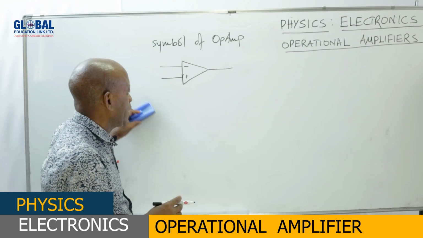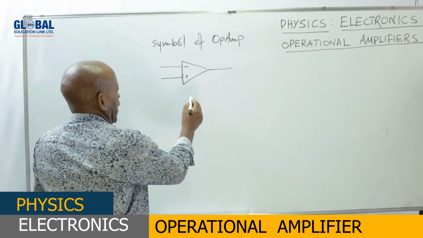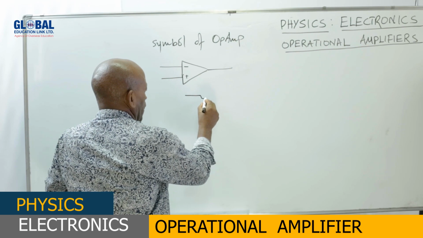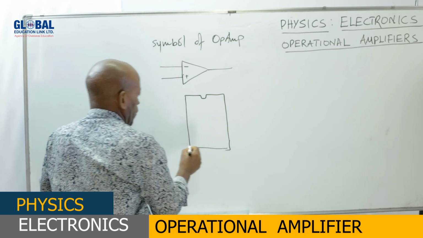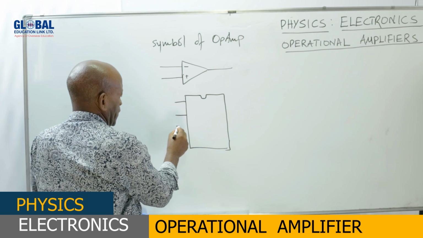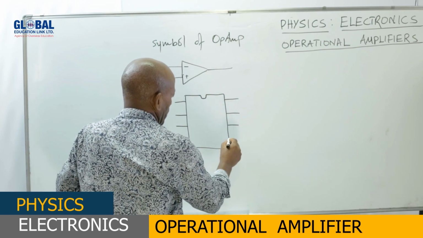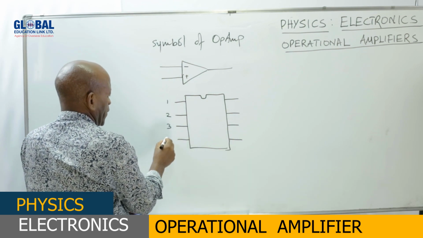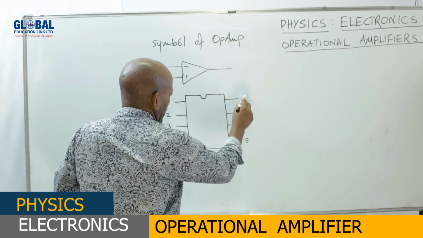That particular 8-pin integrated circuit chip of an operational amplifier could be like this one here. So we have eight legs: leg number 1, number 2, number 3, number 4, number 5, number 6, number 7, and number 8.